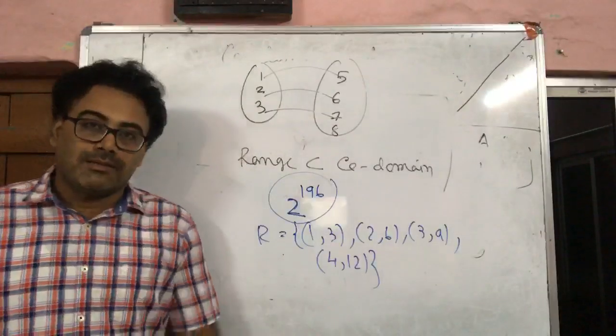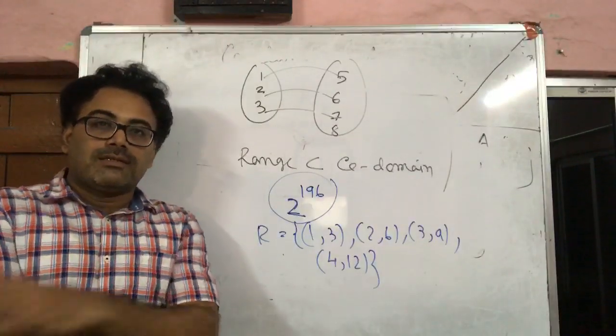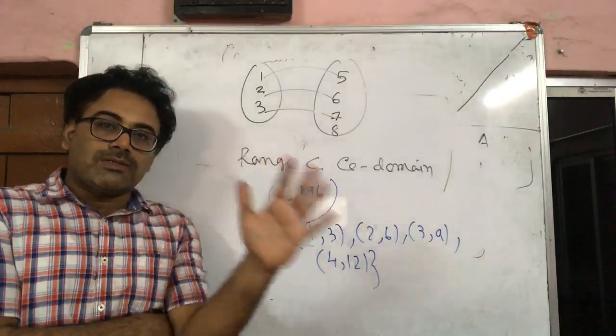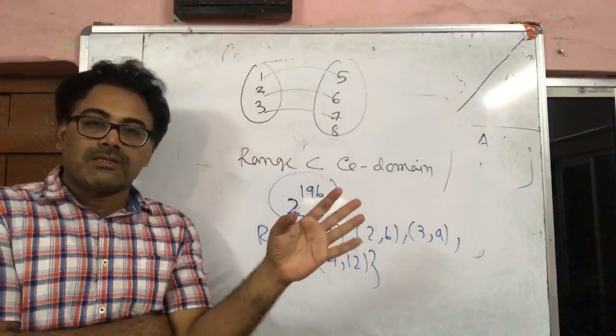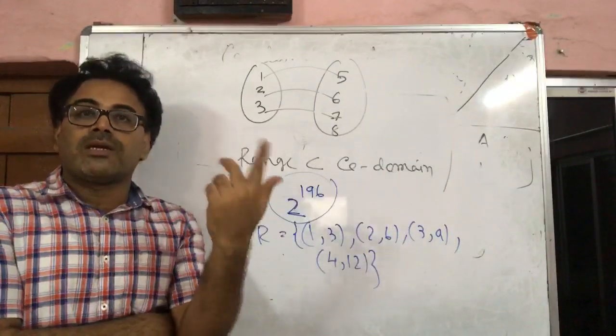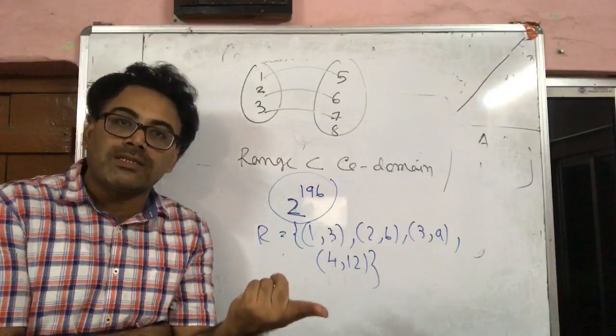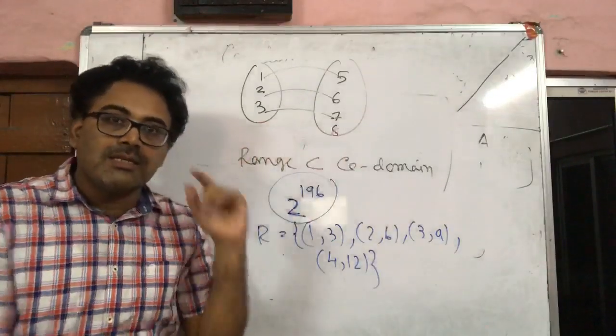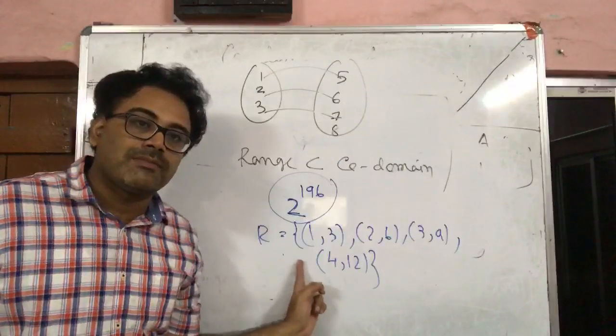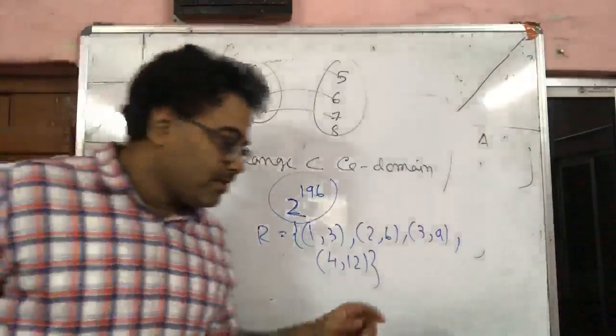Try to make your concept clear. Set A contains 14 elements, A cross A has 196 elements. Subsets of A cross A number 2 to the power 196. Each subset is called a relation. Number of relations is 2 to the power 196. Out of 2 to the power 196, this is one subset.